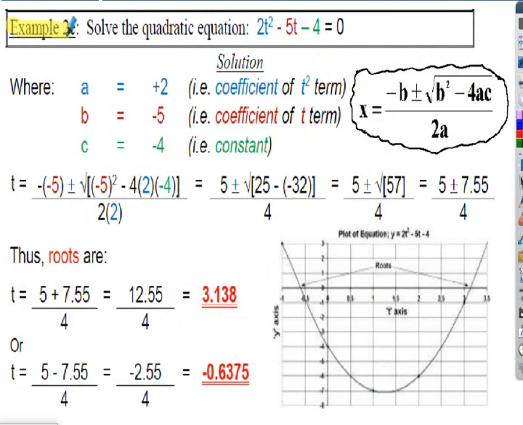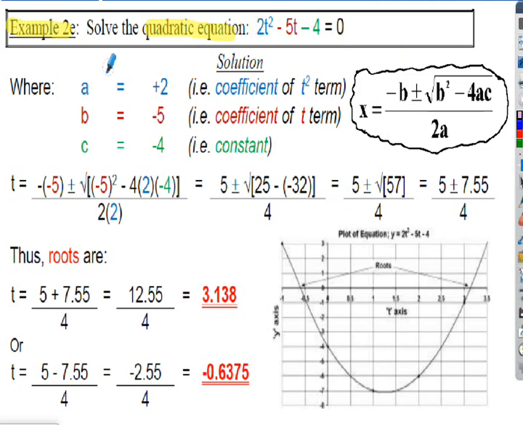Question 2e, very similar approach here, just that they've changed the variable. We've got the quadratic equation 2t squared minus 5t minus 4 is equal to 0, but just read t for x in this case. Again, it's of the form ax squared plus bx plus c, so we just simply read off our numbers.